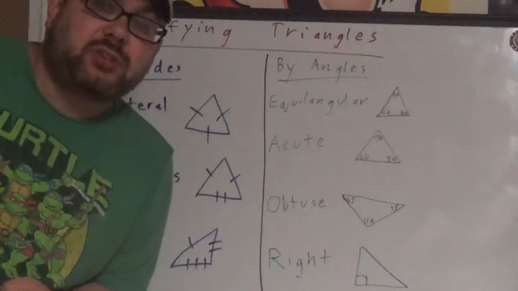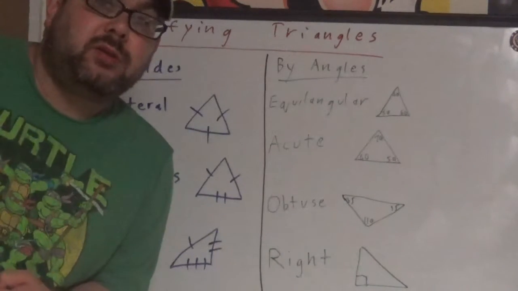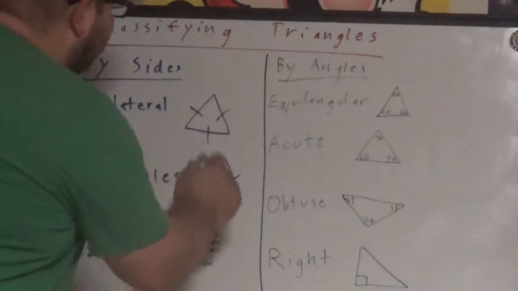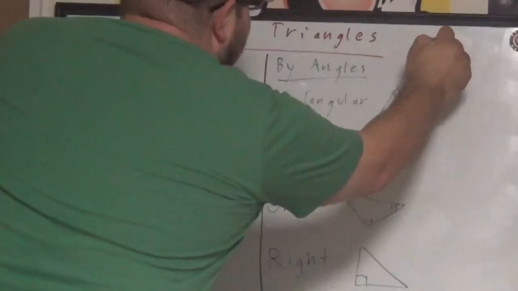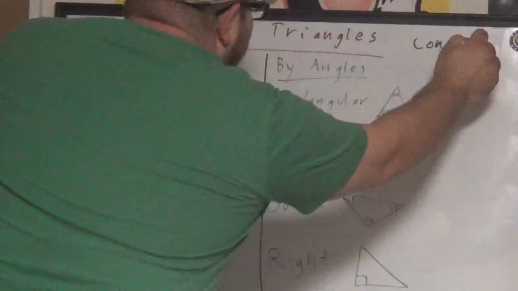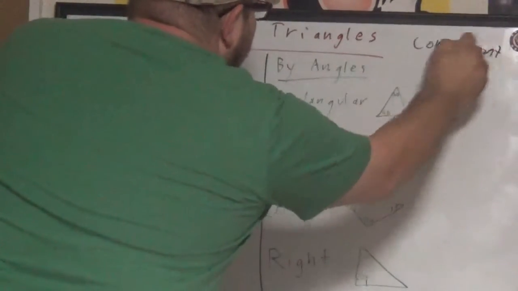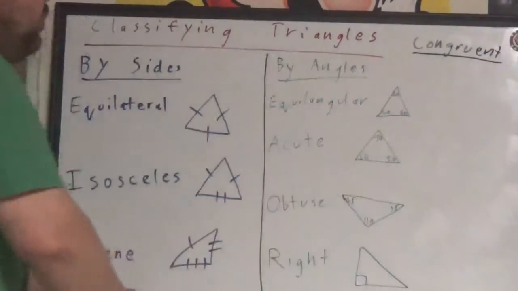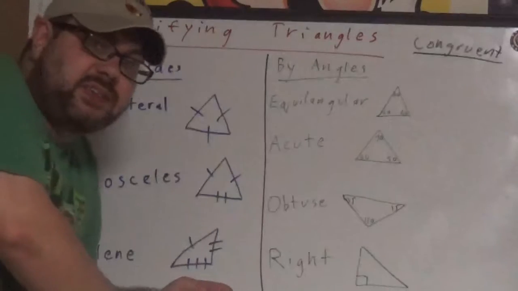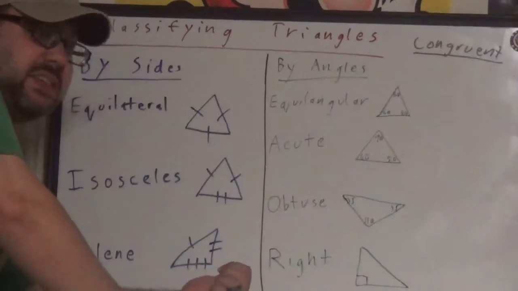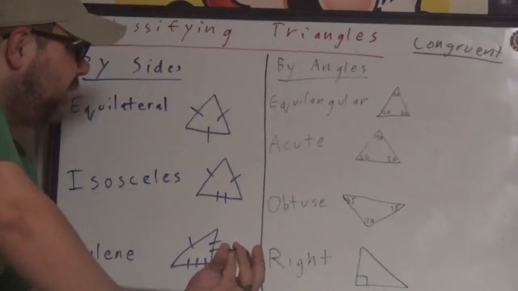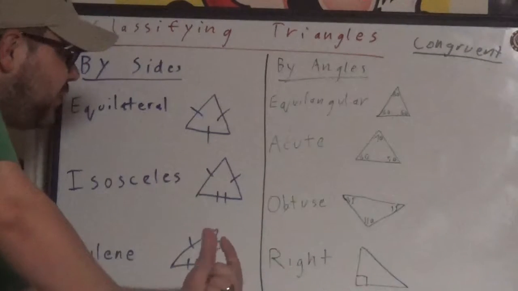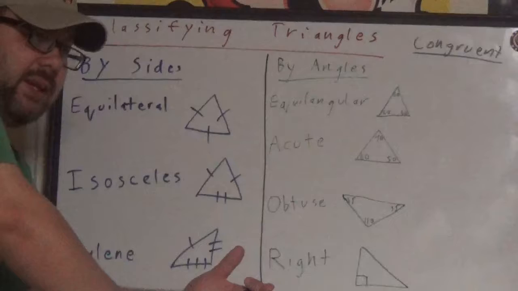It means that the sides are congruent. Let me put this vocabulary word up here. Congruent means having the same size and shape. With the side, of course, it's a straight line, so it means that each of the sides of the triangle is the same length.